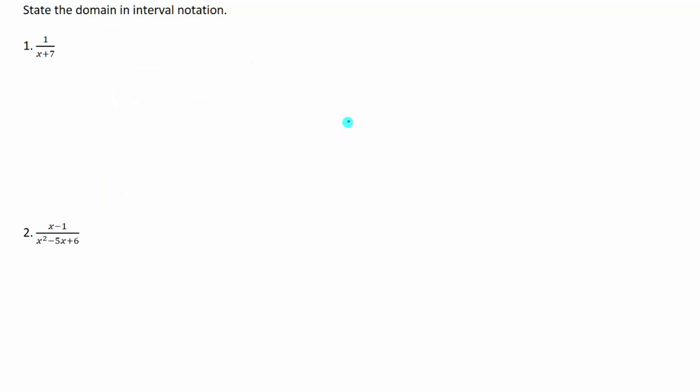Let's try a few problems here. We're going to get the domain and place it in interval notation. We start out with this type of an expression, and it is a fraction where we have an x in the denominator. Our restriction states that the denominator cannot equal 0. So I'm going to replace denominator with what the denominator is, and then I'm going to solve that inequality.